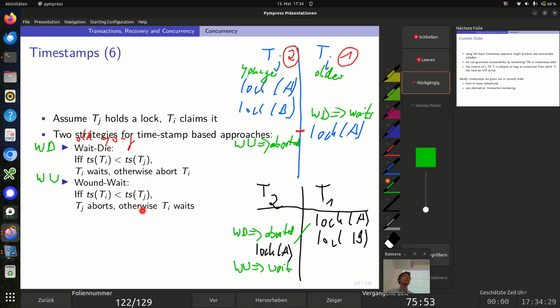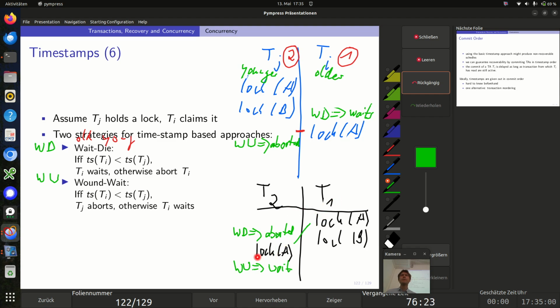That's the idea of timestamp-based deadlock prevention. But T1 is the older one, so the timestamp of T1 is smaller than the timestamp of T2. That's what we say.